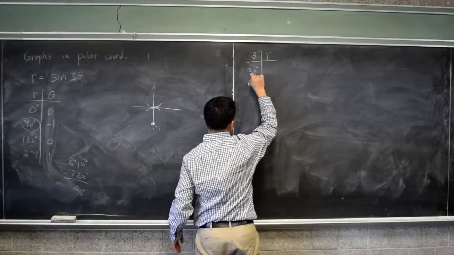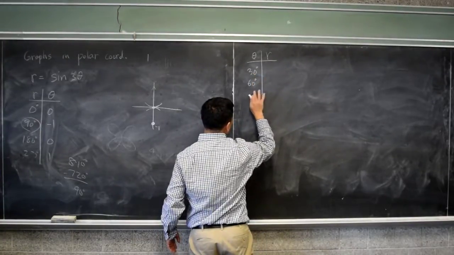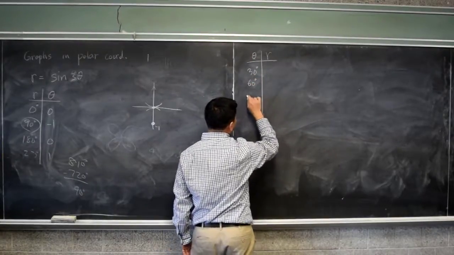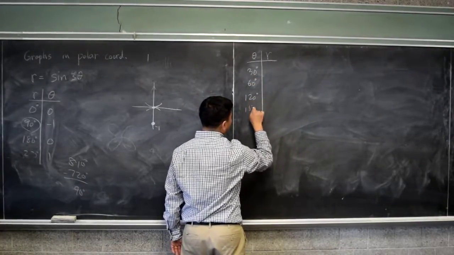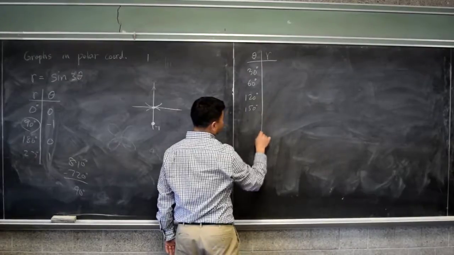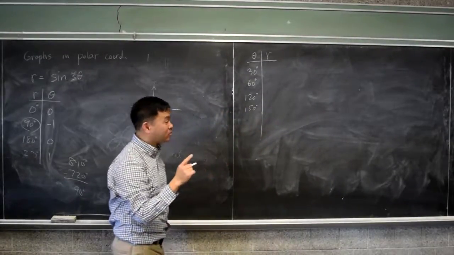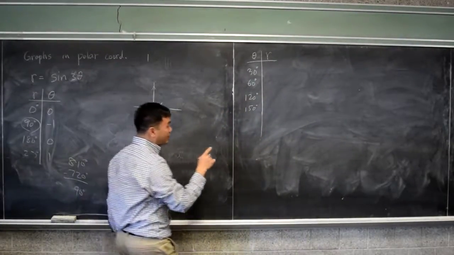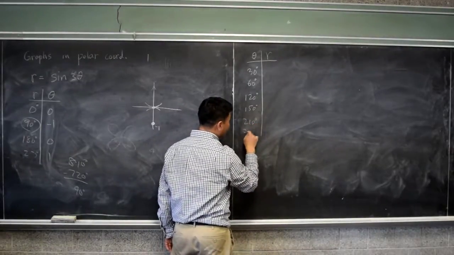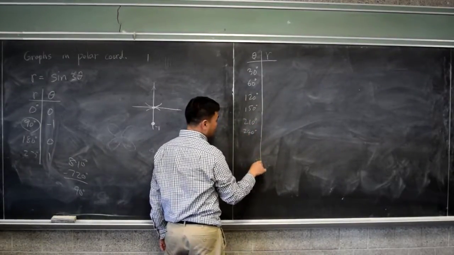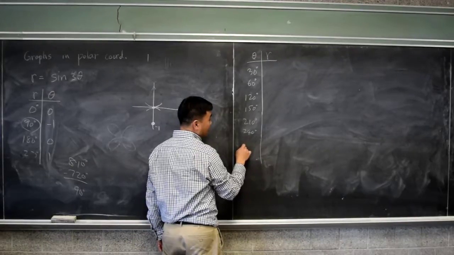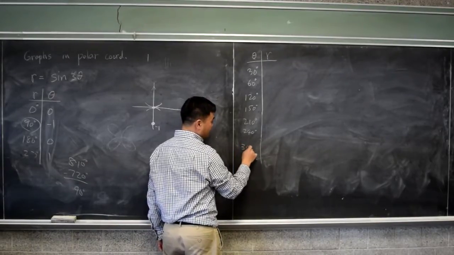You know what, let's do this: 30, 60, and then since we already have this, 120, 150, and then the next special angles after 180 are 210 and 240, and then 300 and 330.